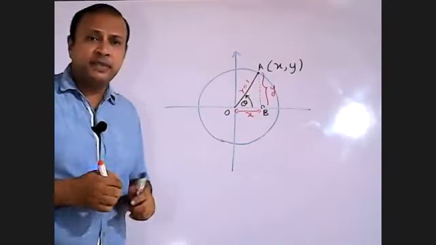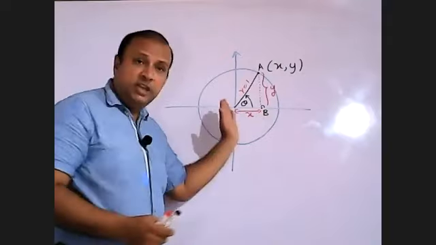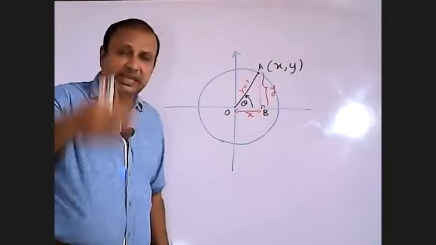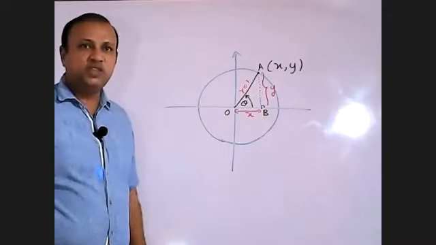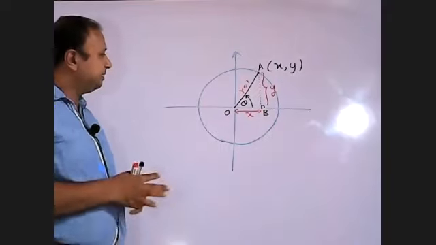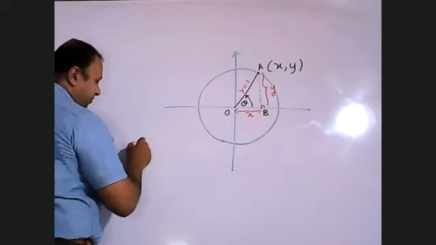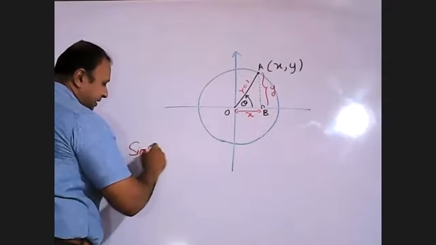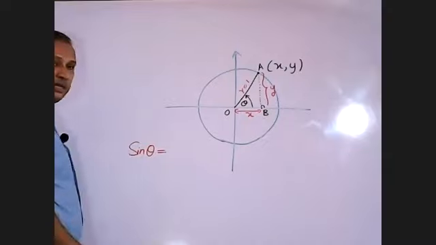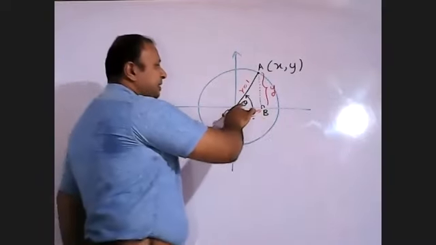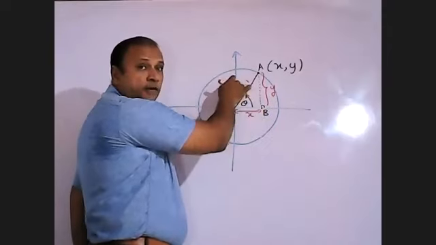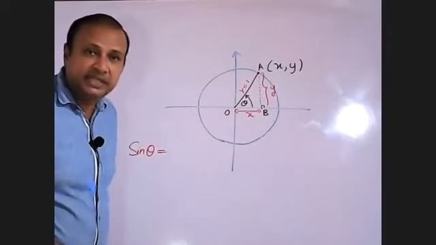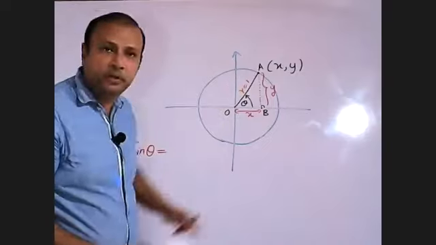Then you can define sine, cos, tan values using this triangle. What is the value of sine theta? Sine theta is the opposite side over the hypotenuse.